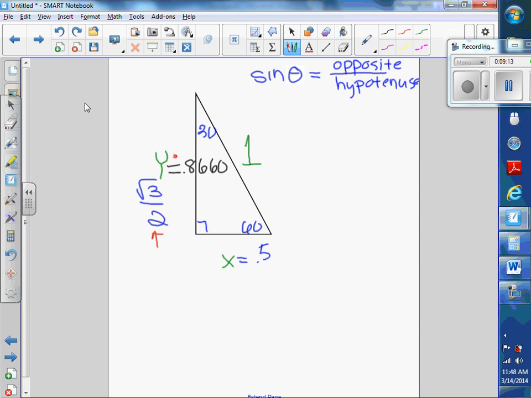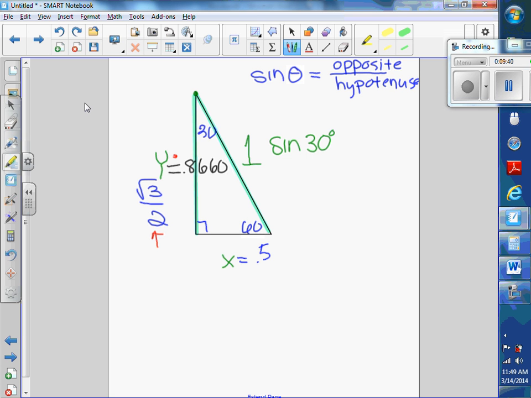What that means is if I were going to do the sine of 30 degrees, I have to look at 30 degrees as my reference point. In reference to this angle, this side is the adjacent side, and this side is the hypotenuse of the triangle.